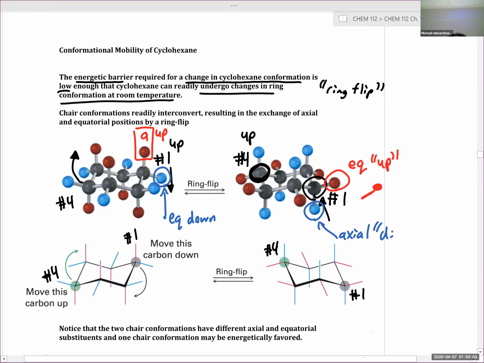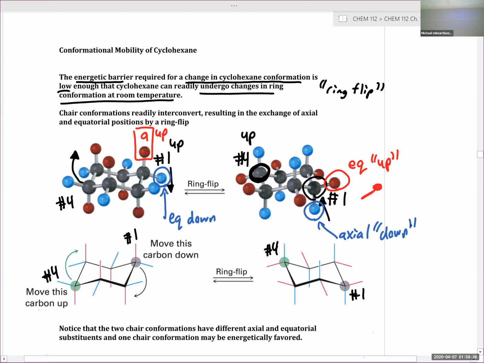Yep. It's axial, pointing down. Exactly right. So we've changed from axial to equatorial, but our stereochemistry, the relative position of our substituents, has not changed. Substituents that are down are still pointing down. Substituents that are up are still pointing up.